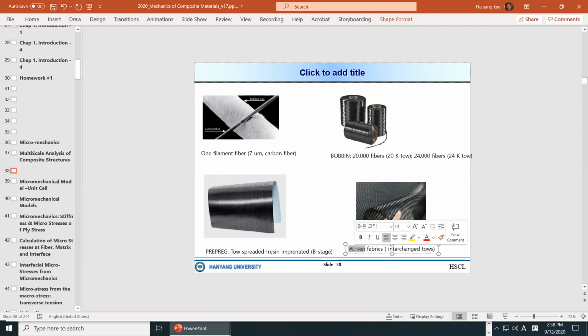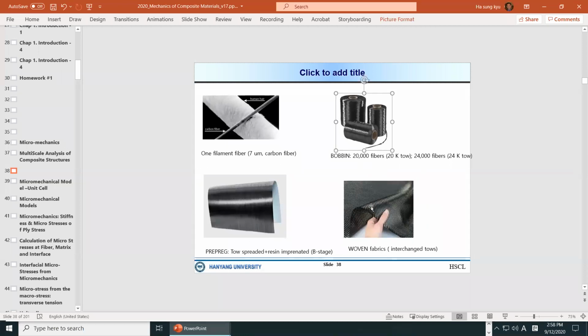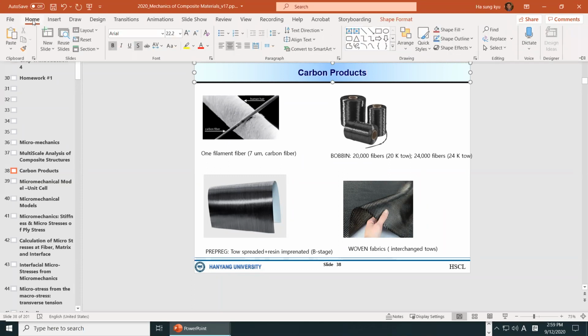They sell by the woven fabrics. So we buy this kind of composite product, and we make some products.